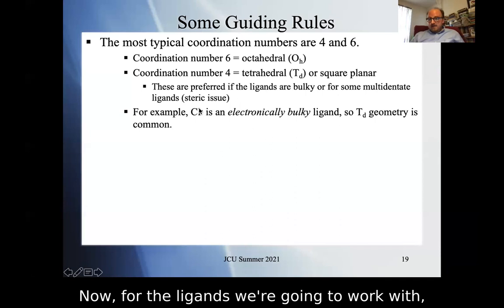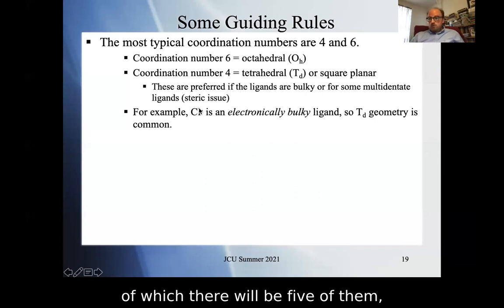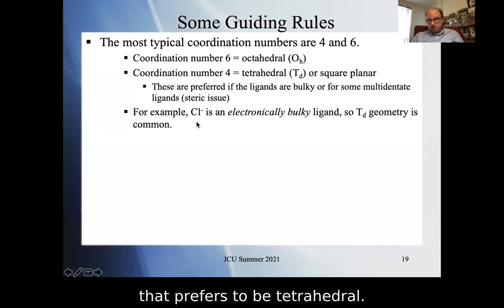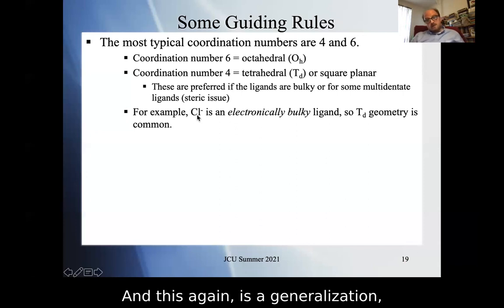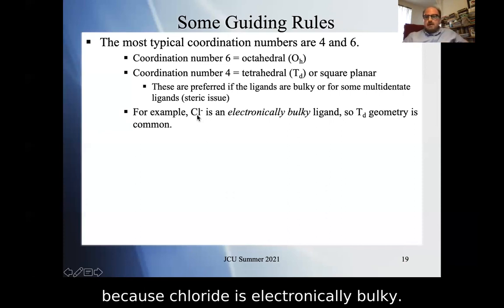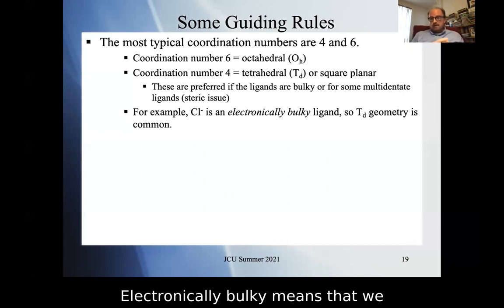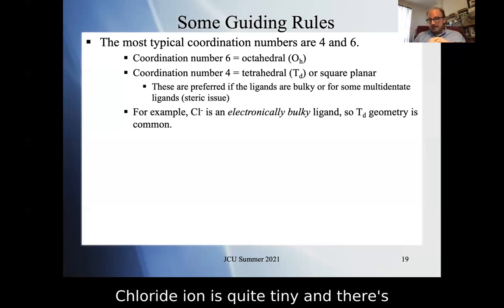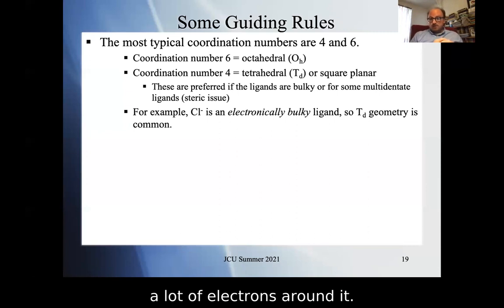Now, for the ligands we're going to work with, of which there will be 5 of them, 6 including water, chloride is the only ligand that prefers to be tetrahedral. And this, again, is a generalization, because chloride is electronically bulky. Electronically bulky means that we have a lot of electron density around a very small ion, right? Chloride ion is quite tiny, and there's a lot of electrons around it.